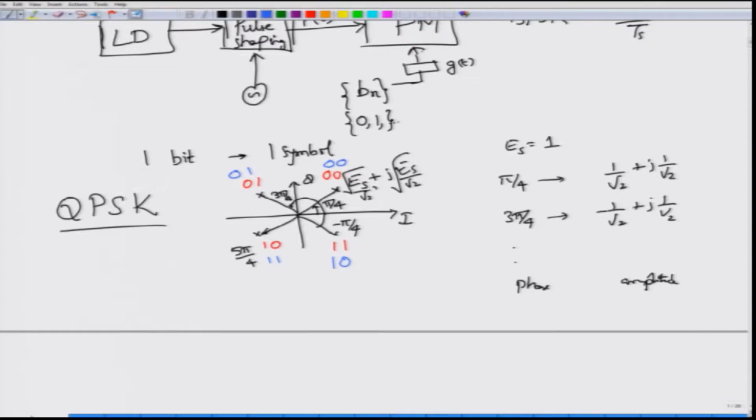This blue one which I have written is the gray coded constellation. The other one which I have written in orange is the simple binary mapping. So, the orange is binary, and the blue is gray.